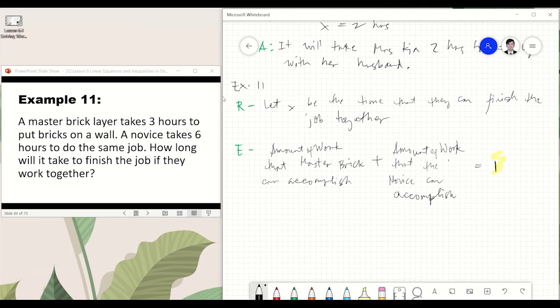So, ano yung formula ng work? Okay, let's recall it from your grade school. That would just be work is equal to rate times time.